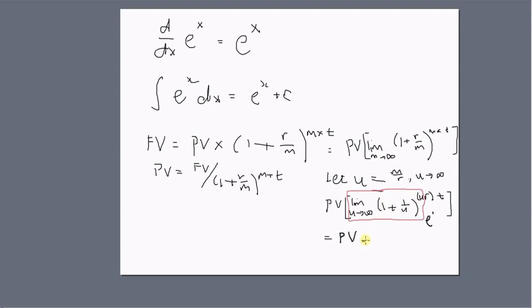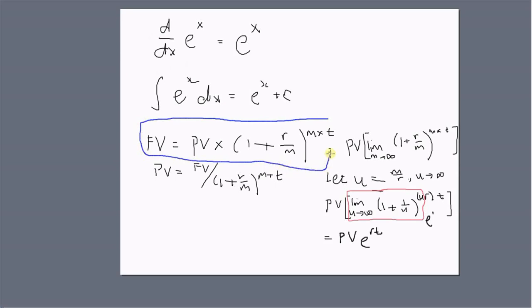Okay, so let me write the next step. This will become e to the power of rt, which is the solution for continuous compounding. So let me recap. The solution for compounding by days, months, quarterly, and so on will be this one.